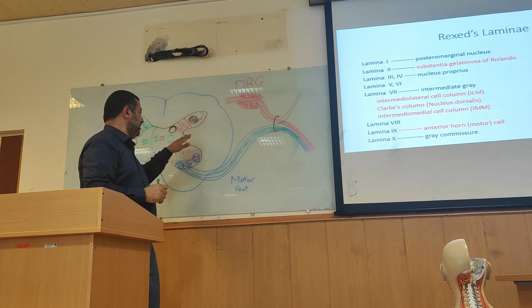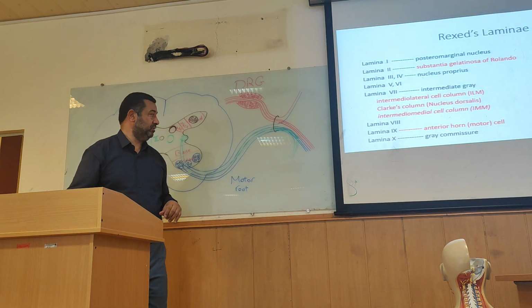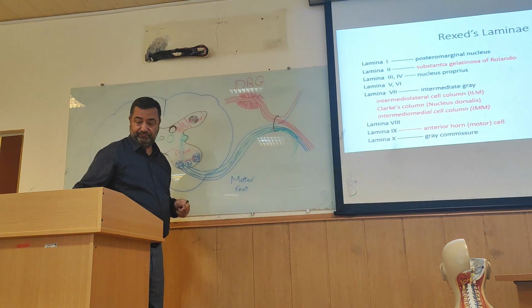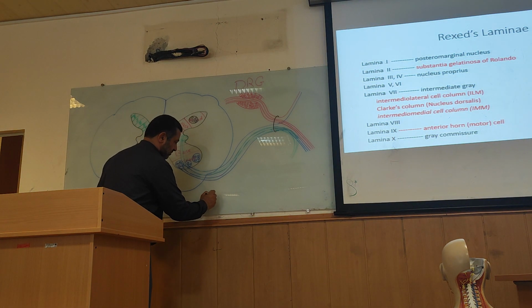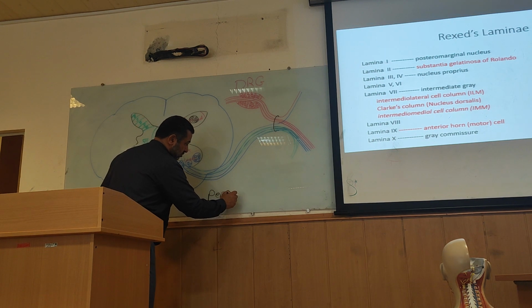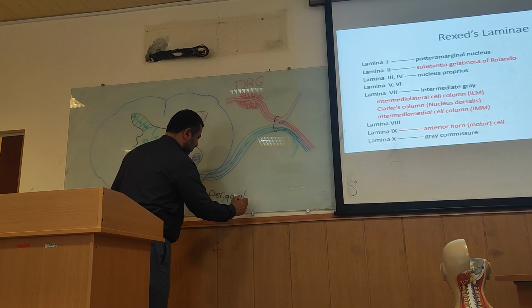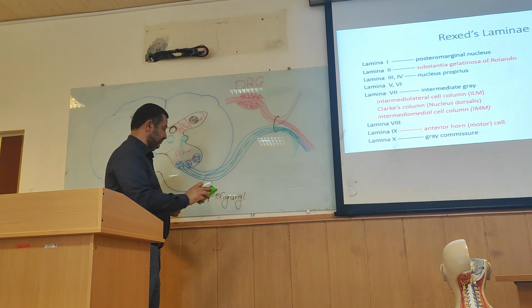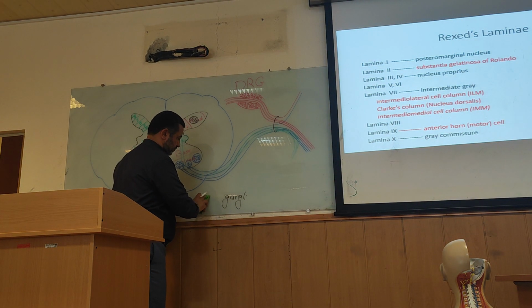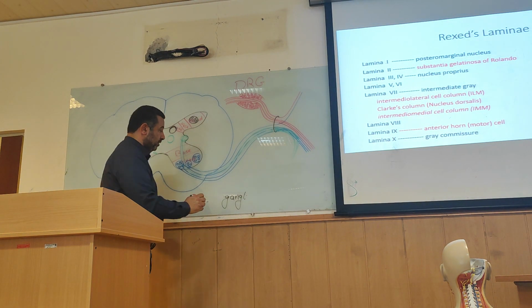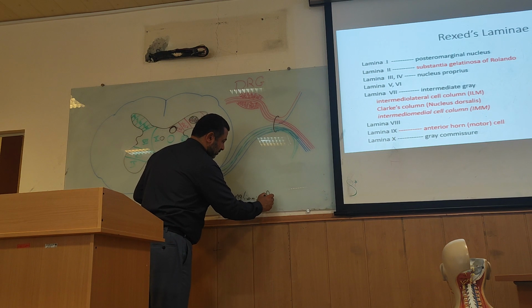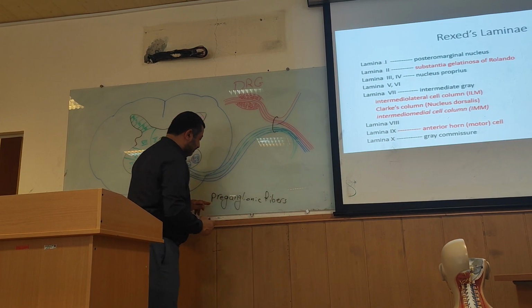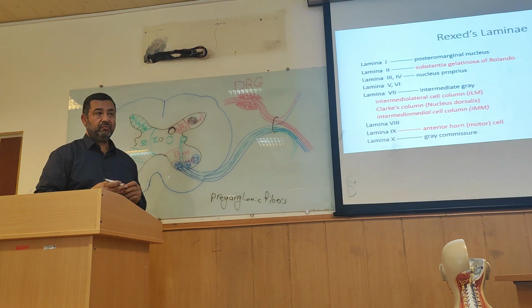Okay? These myelinated fibers are called preganglionic sympathetic fibers.